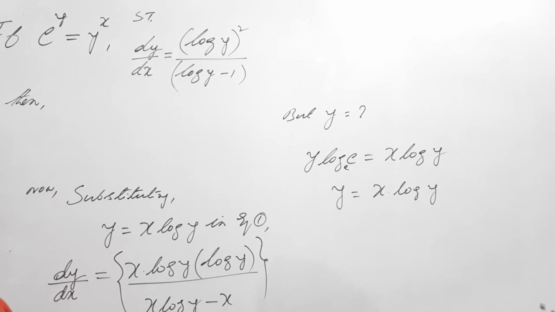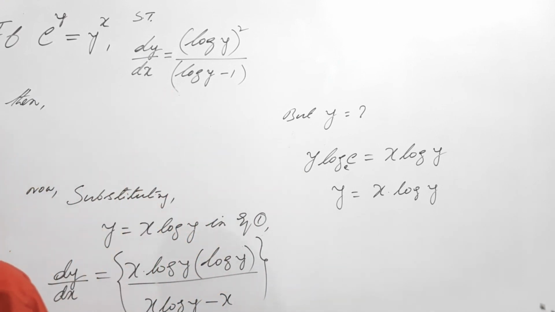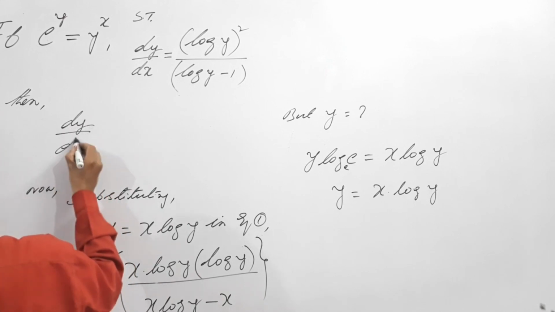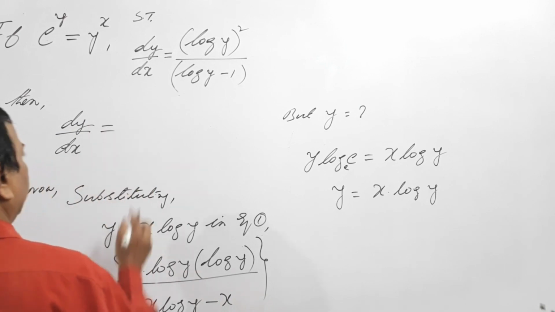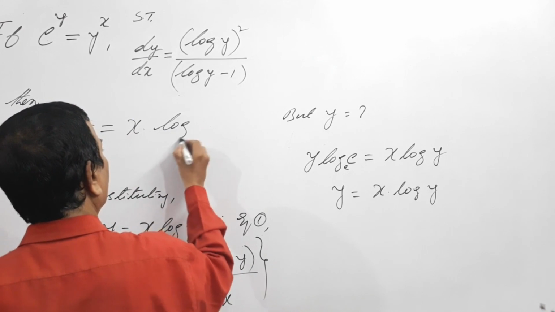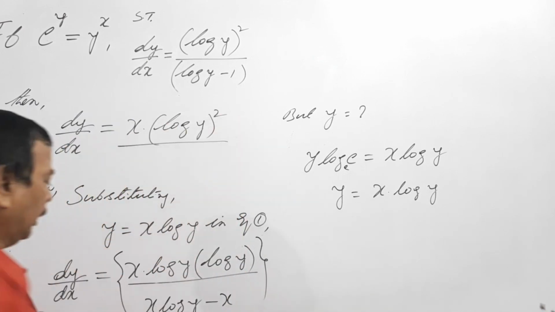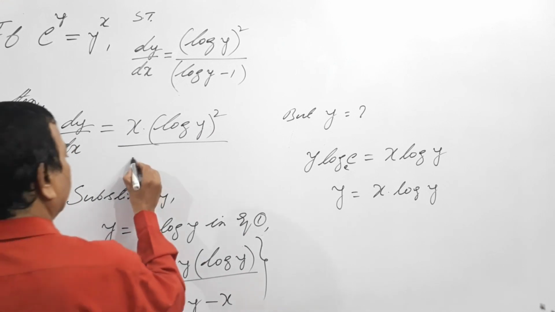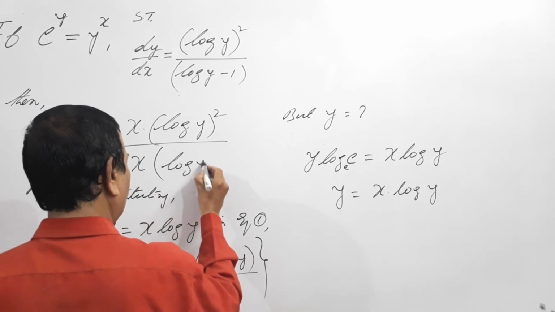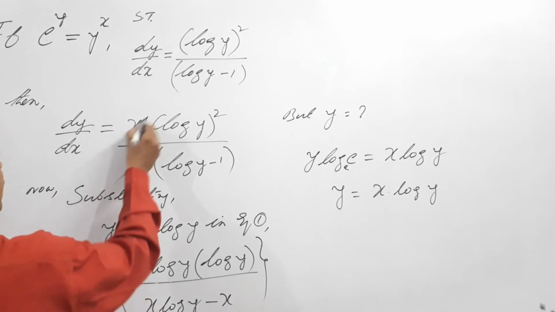So solve for this. log y into log y is log y square. So dy by dx equals x into log y into log y, which is (log y) whole square, divided by, I take x common, so this is log y minus 1, because x is common, so this x cancels.